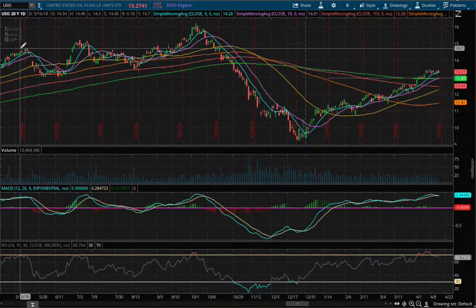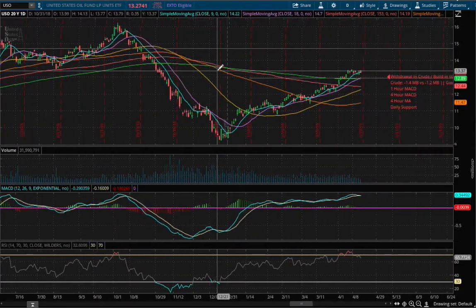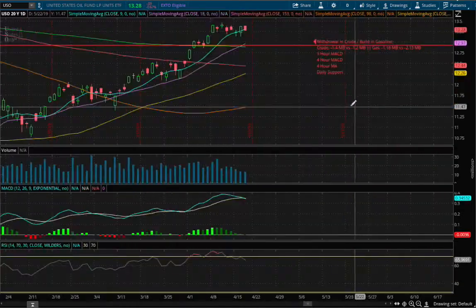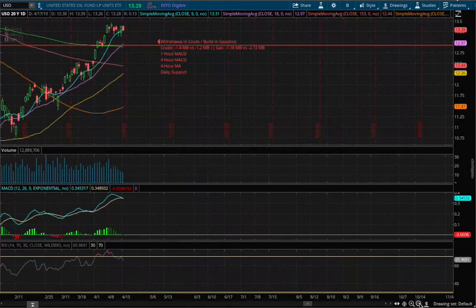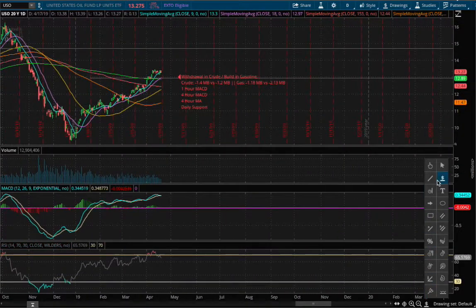This price resistance dates back to May of last year, but I highly doubt that we will reach that point anytime soon.